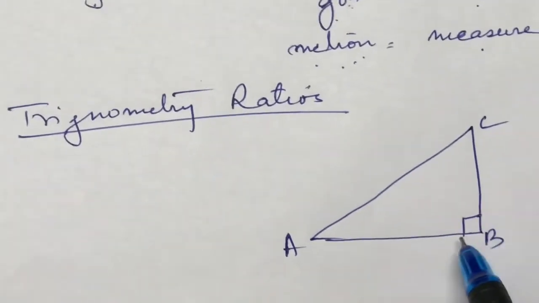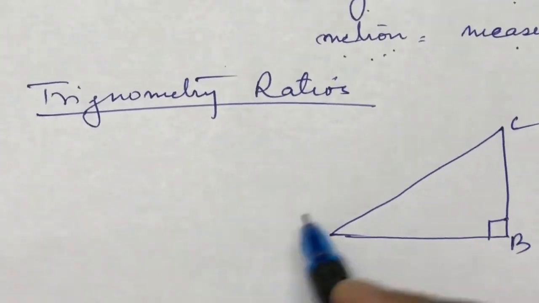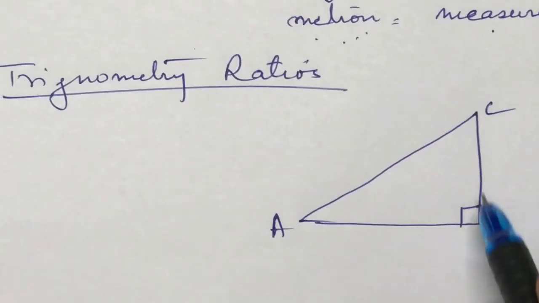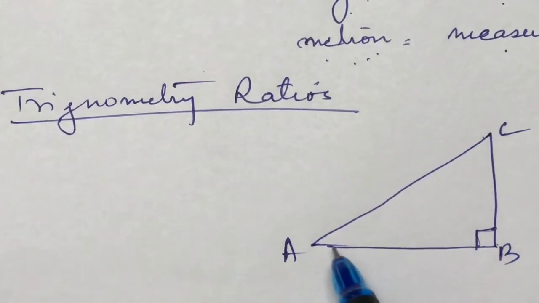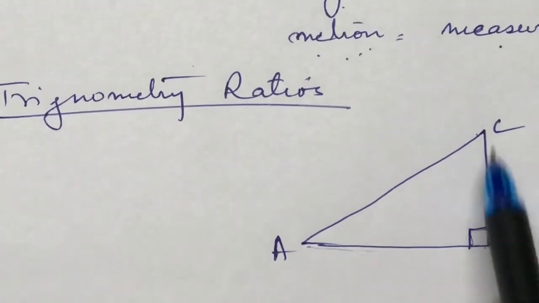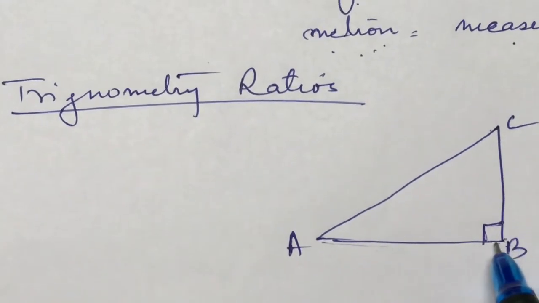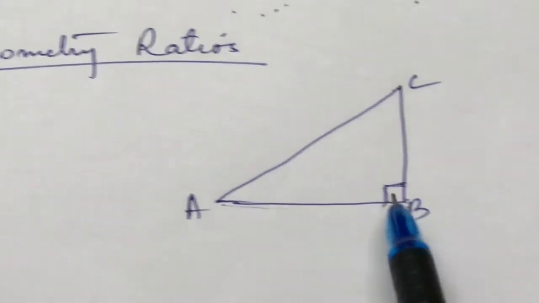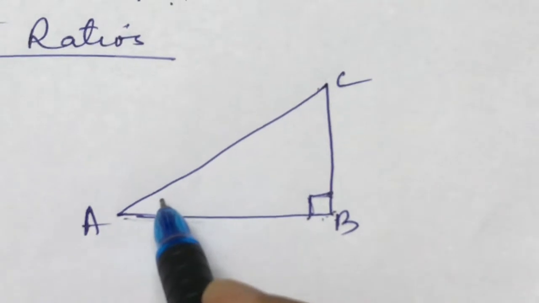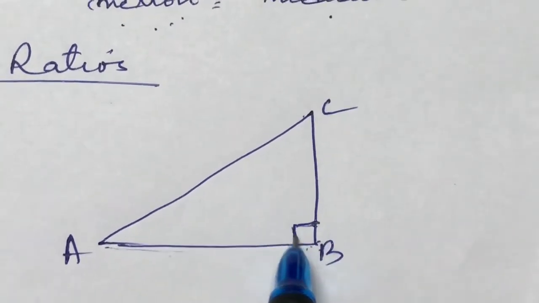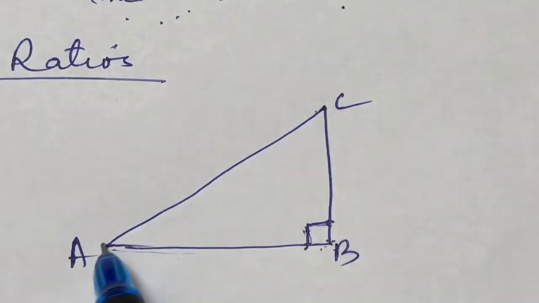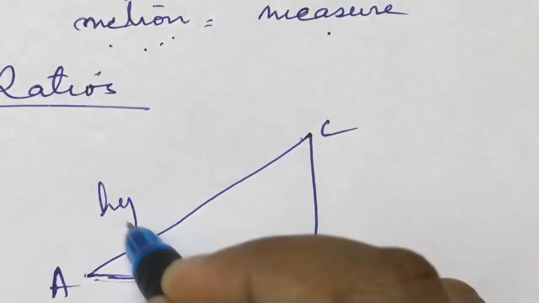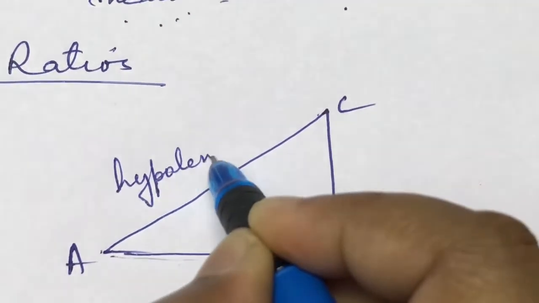So you will make a square sort of thing over here. This right angle is carried by AB and BC. These two are the arms which hold this right triangle. Now what is the side opposite to this 90 degree angle? It is AC. This is known as the hypotenuse.